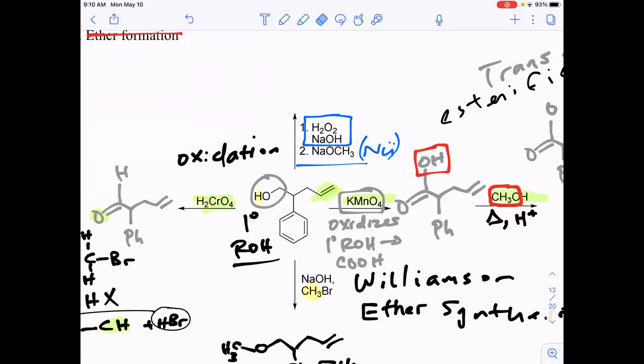Not quite. But it is a reaction that we learned in part 1 of alkenes. You can do it one or two ways. You can do hydrogen peroxide and sodium hydroxide, or you can use MCPBA, and it'll give you the same outcome.